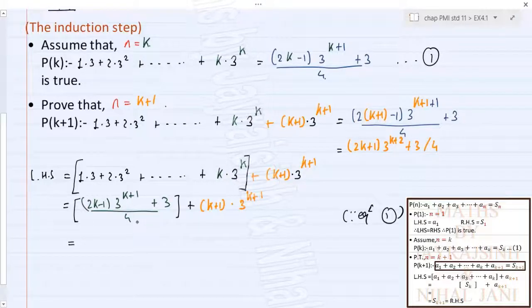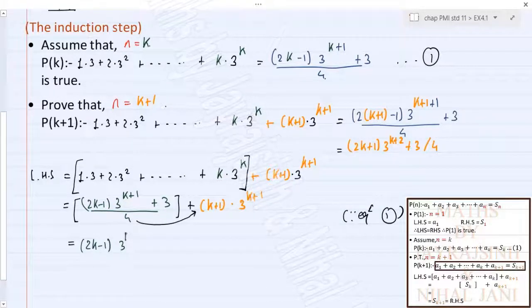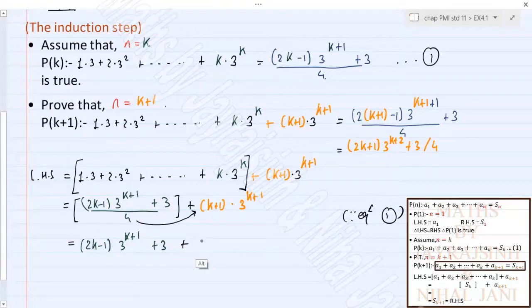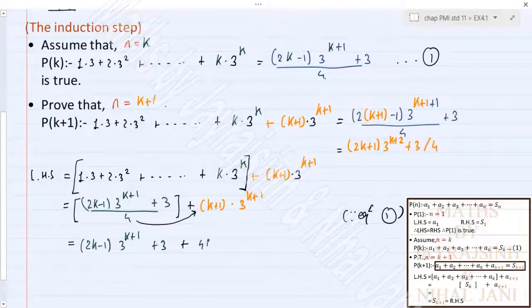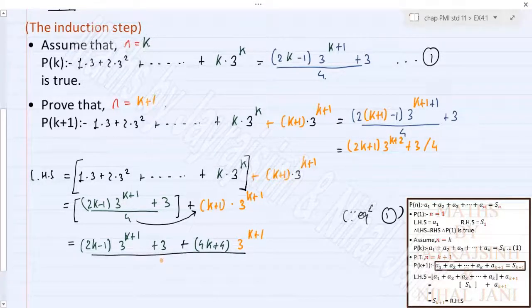Now let's try to simplify. Let's take LCM of 4. So this (2k minus 1) into 3 raised to k plus 1, plus 3 will be as it is. We have to multiply 4 with the other term. So we'll get (4k plus 4) into 3 raised to k plus 1 as it is, whole divided by 4.